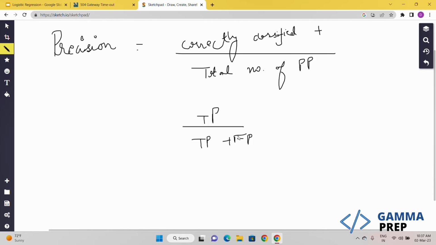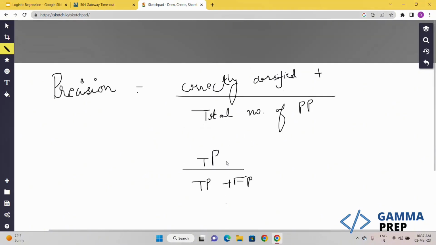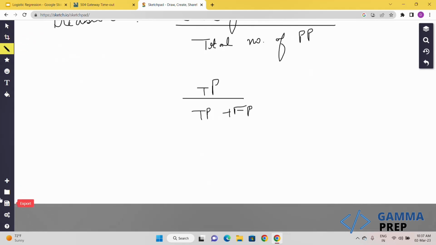Recall is the ratio of the total number of correctly classified positive classes divided by the total number of positive classes. And precision is the ratio of the total number of correctly classified positive classes divided by the total number of predicted positives. Now, there is another evaluation metric which is called F-score.